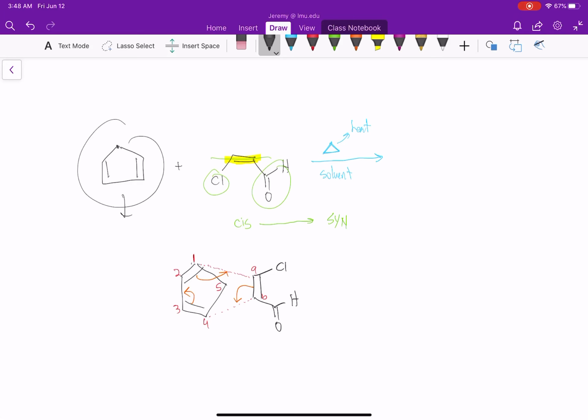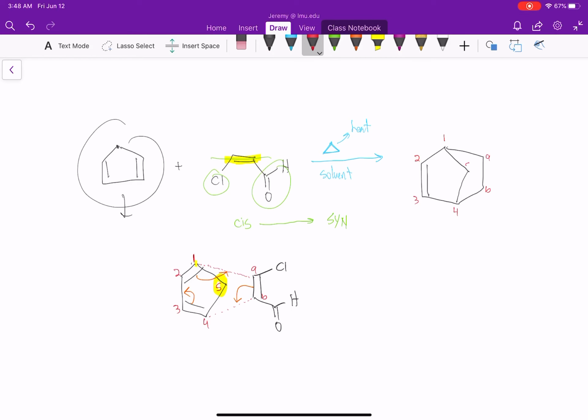Let's draw our product. Watch how I draw this. I always draw my cyclohexene: carbon 1, 2, 3, 4, A and B. But remember, 1 and 4 were connected by carbon 5. I've got to draw that in. There's my carbon 5.